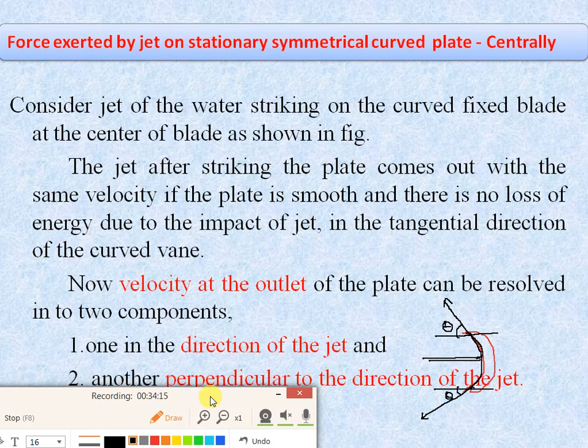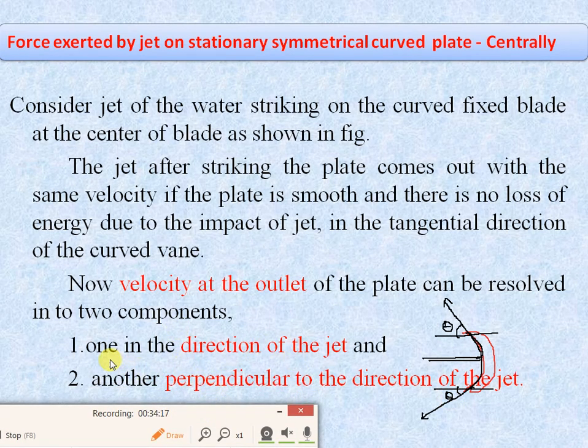Now in this case, the velocity at the outlet of the plate can be resolved into two components. One direction is along the jet, the x direction, and the other direction is perpendicular to the jet.